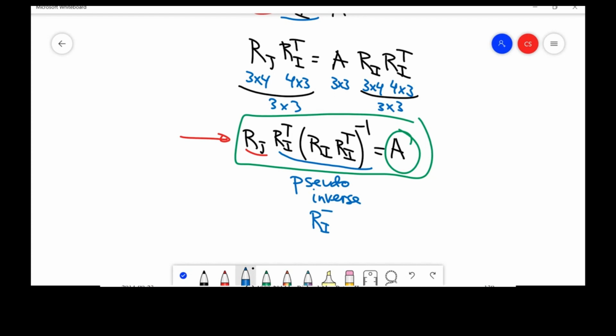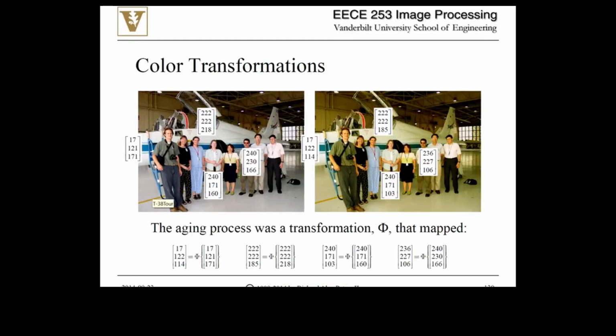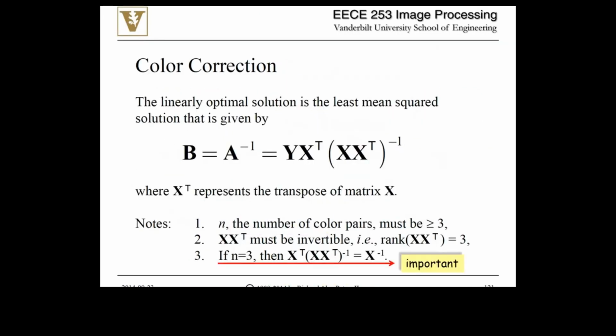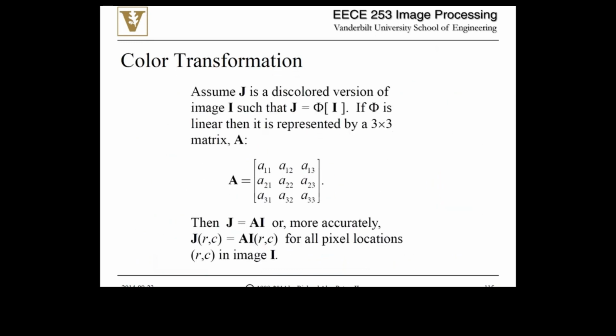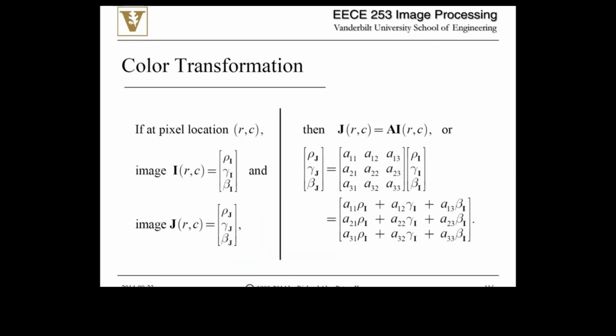Okay, so let's look at the slides again. Everything that is explained here is what I have done in the whiteboard before. We have a color I want to multiply by a matrix, and then I should have a new color.